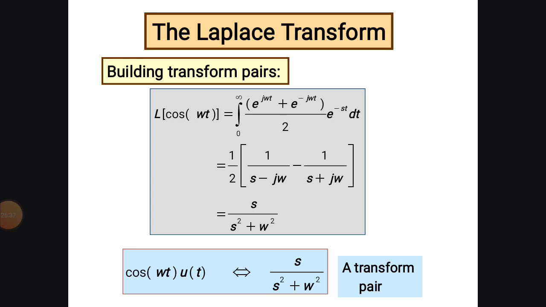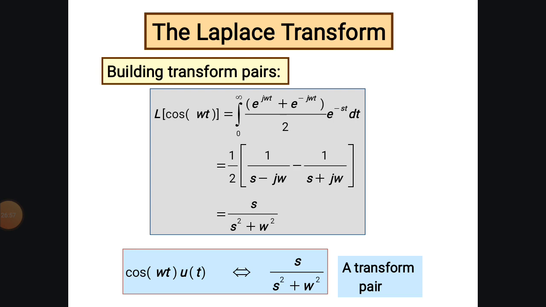Next is the third transform pair. Next pair is Laplace of cos omega t. So cos omega t we can define as e raised to I omega t plus e raised to minus I omega t upon 2. That is the formula for cos omega t.